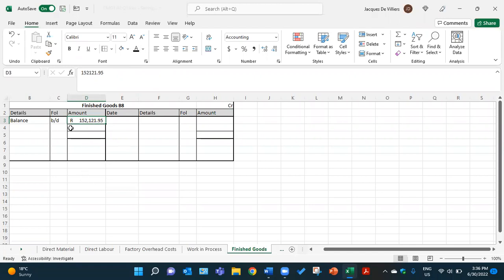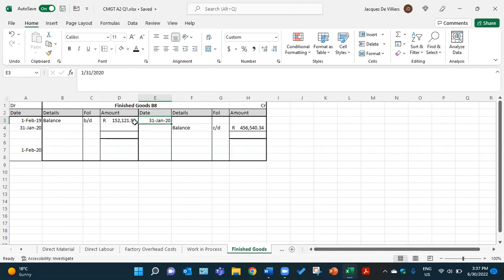What do I know? Well, I was also given a closing balance, and the closing balance was 456,540. Okay, all these transactions are taking place now on the 31st.